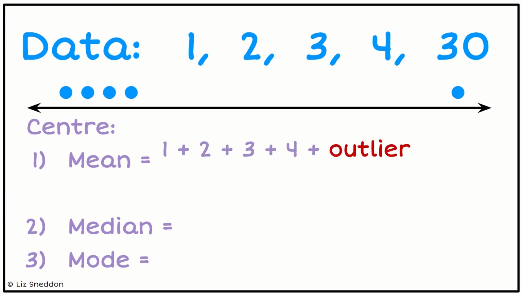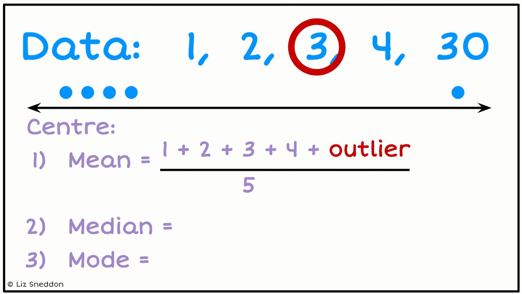To find the mean, I add up all the numbers, 1, 2, 3, 4, and I add up the 30. Remember, 30 is my outlier. So when I then go to divide that by my sample size, the mean is going to be affected by that outlier. So that's not a good measure of centre for us. So let's ignore that. Let's have a look at the median. Well, the median is just the number in the middle.